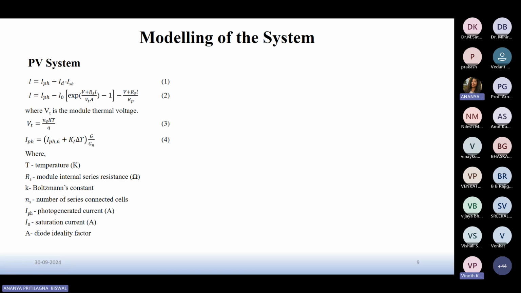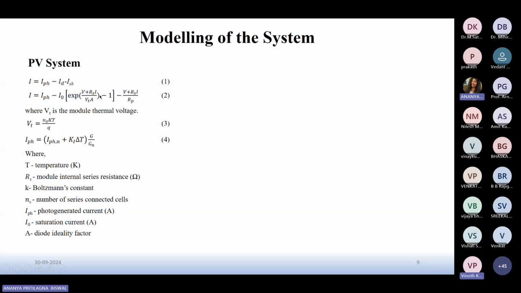These are the equations of the modeling of the system, where I represents IPH minus ID minus ISH as shown in the previous diagram.